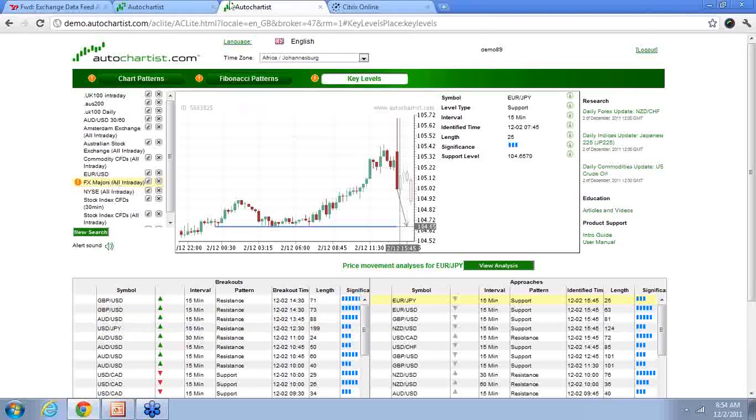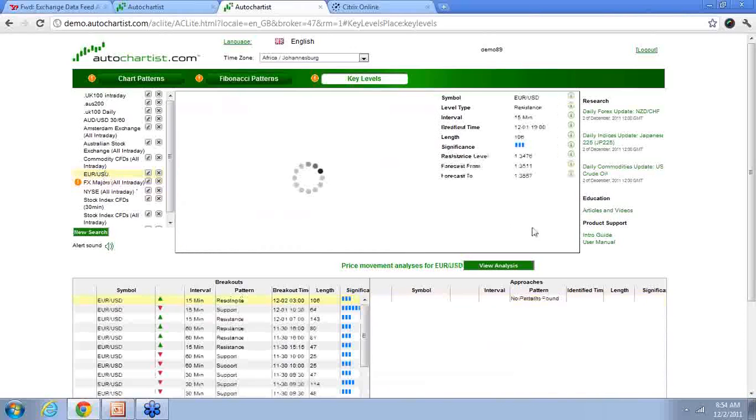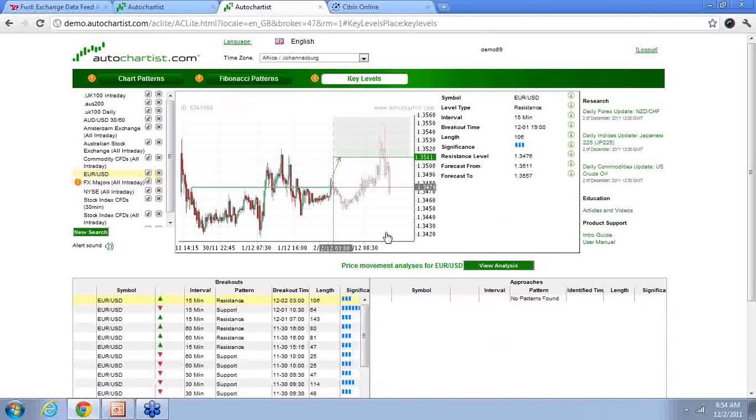All right, let's see what's going on in the euro. All right, right now, not a lot to say here because it's a 15-minute chart.